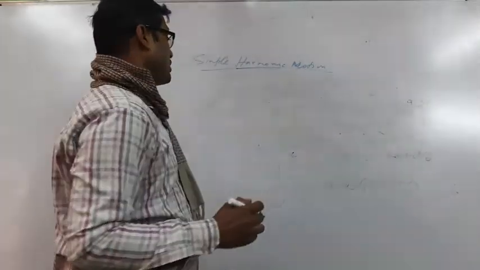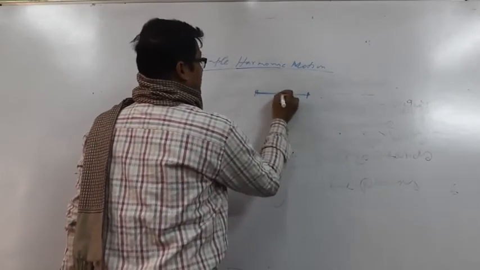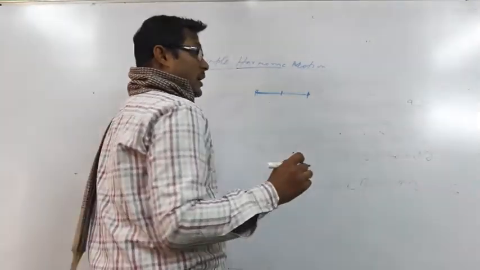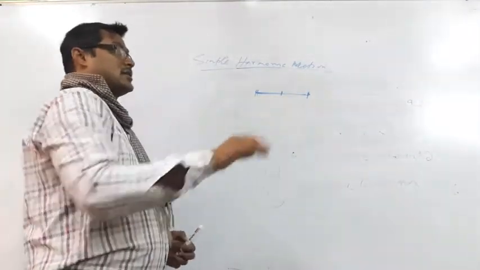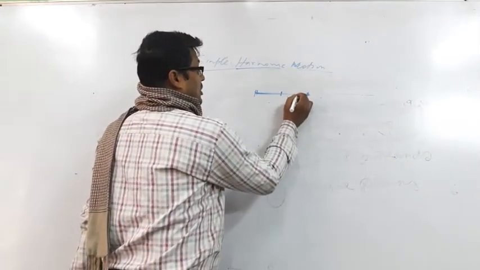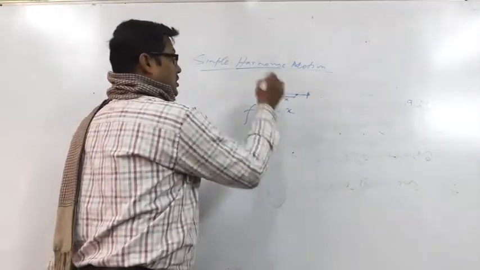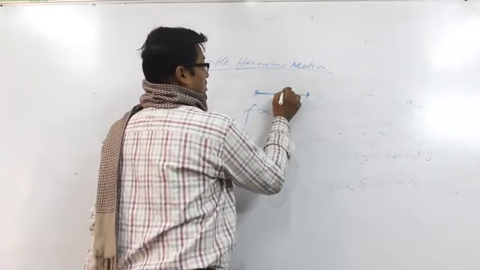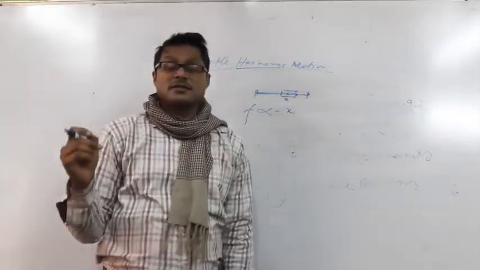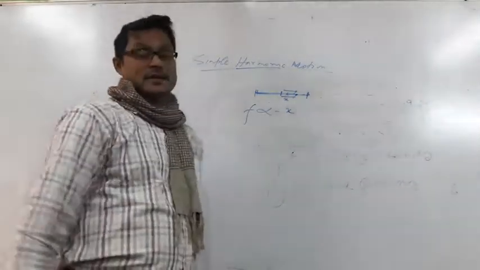Now simple harmonic motion. If a particle performs harmonic motion on a straight line, only on a straight line, and at any instant the acceleration of the particle is directly proportional to the displacement from the equilibrium, and opposite, obviously, then it is said to be SHM.